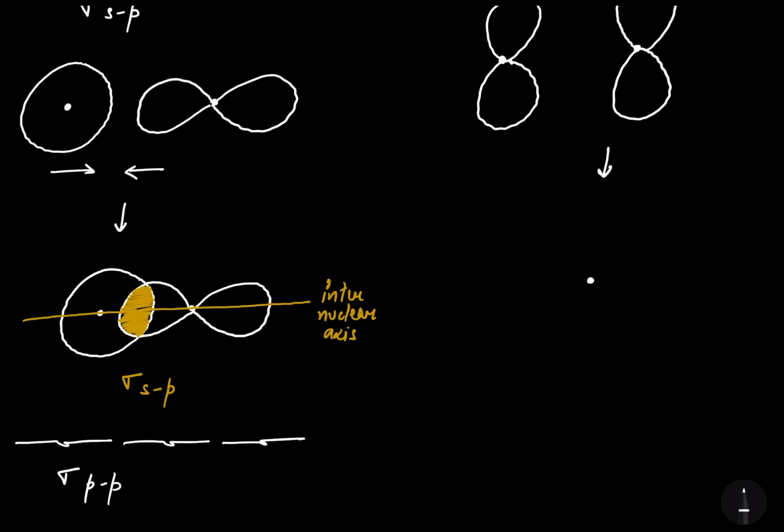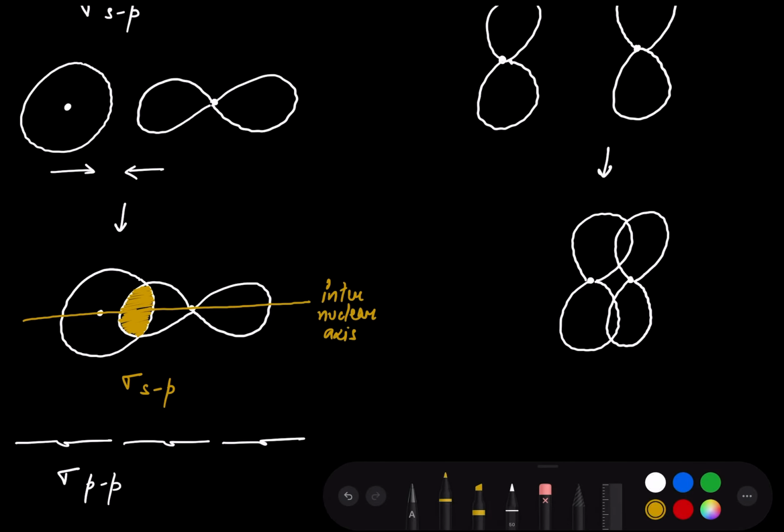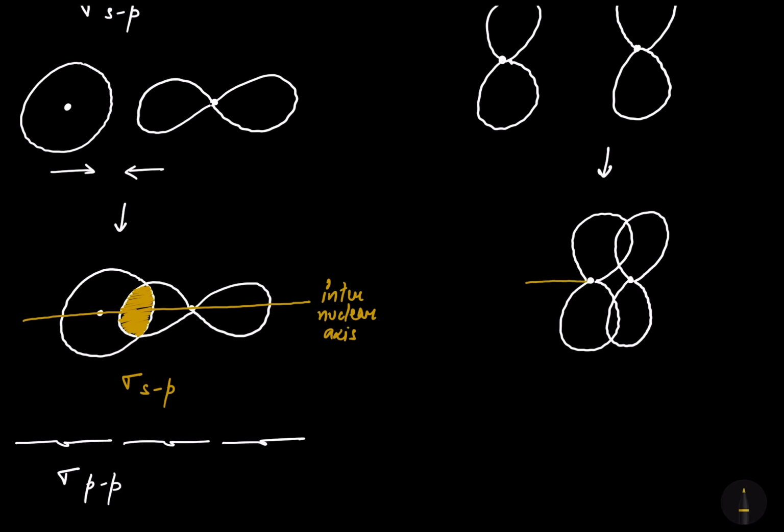How? That's the p orbital of the first element, and now this is the p orbital of the second element, and here you can easily observe the sidewise overlap. Now, let me draw the internuclear axis. This is the internuclear axis.